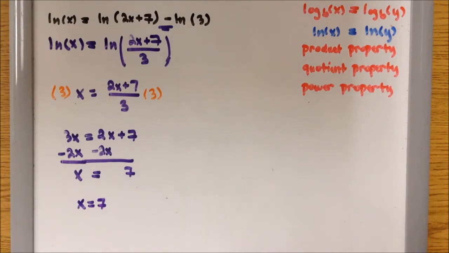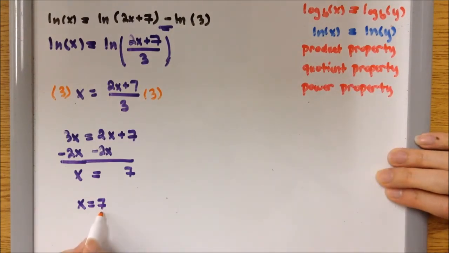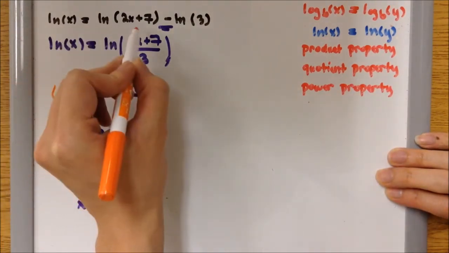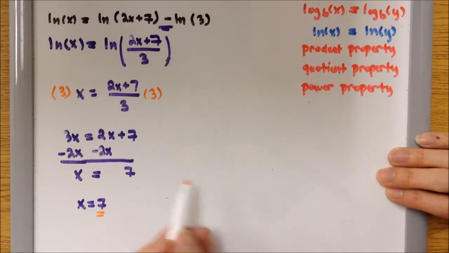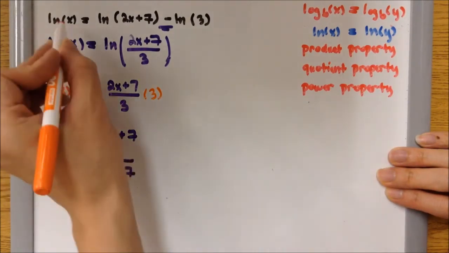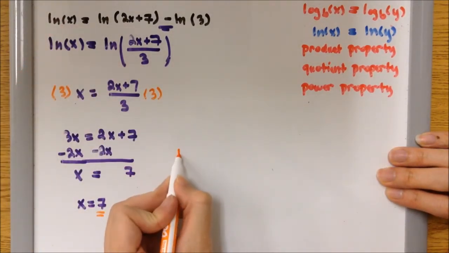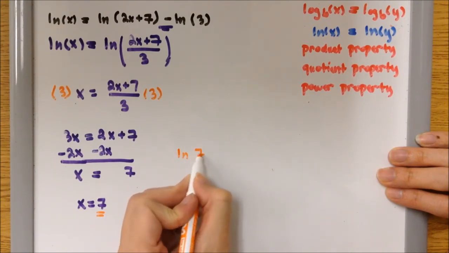Now again, when it comes to log and natural log, we have to check our answer. Alright, so we're going to plug 7 into each of the x's of the original problem. So plugging 7 into this x, it's going to be natural log of 7.